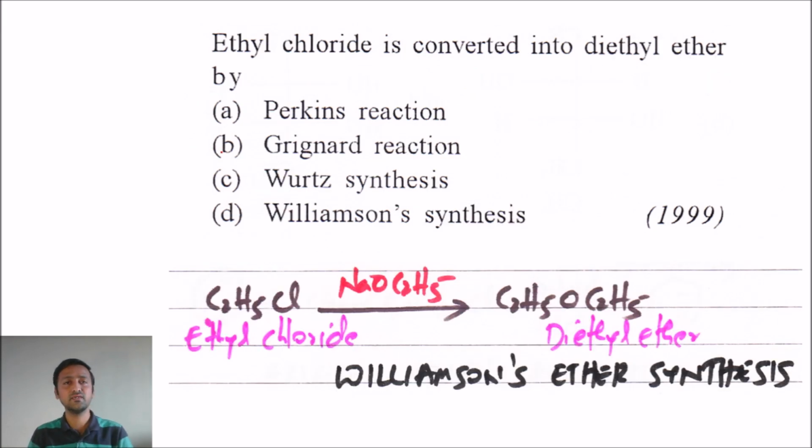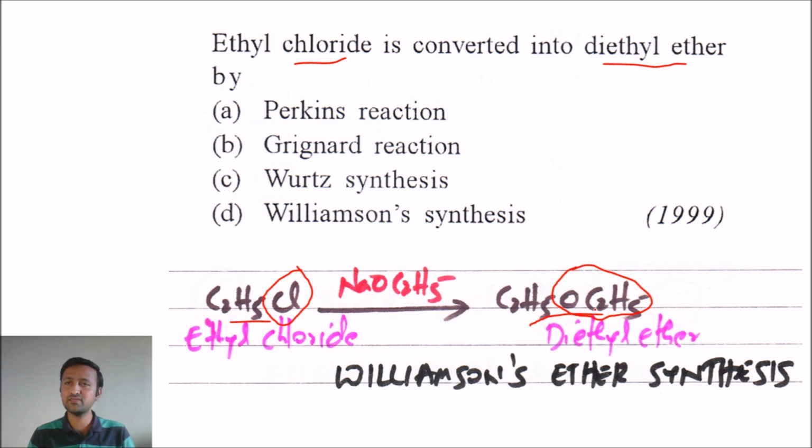Next one: ethyl chloride is converted into diethyl ether. Here I have taken ethyl chloride, C2H5Cl. We need to convert this into C2H5OC2H5, which is diethyl ether. This reaction is a substitution reaction in which chlorine of ethyl chloride is replaced by ethoxy.